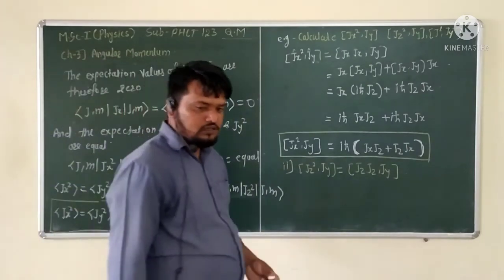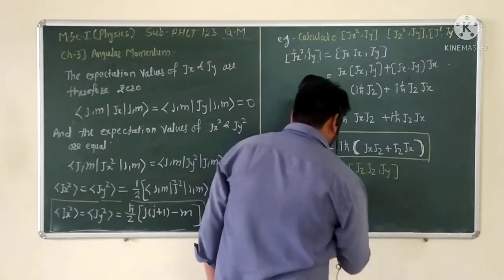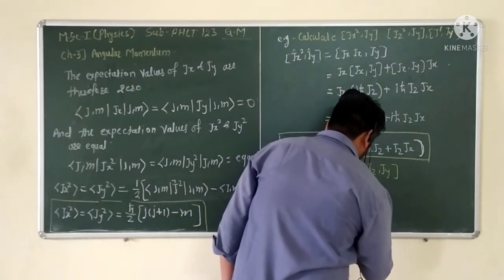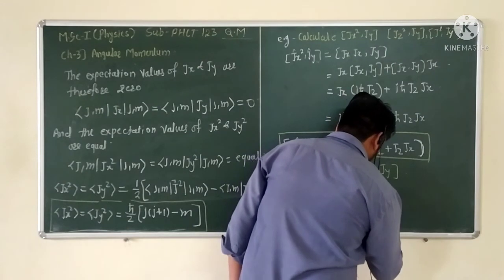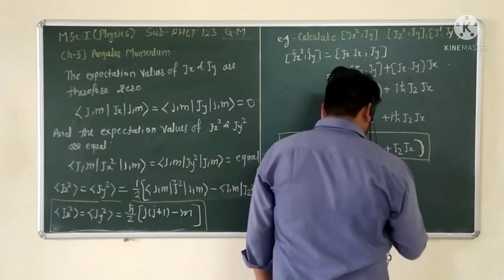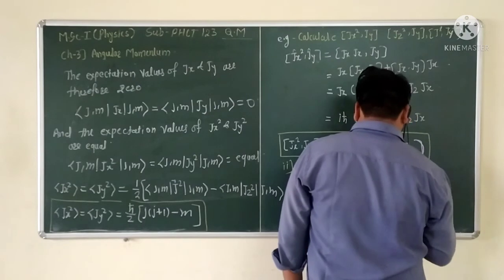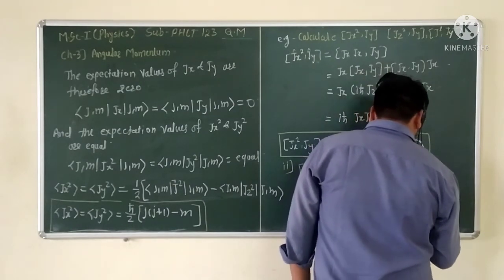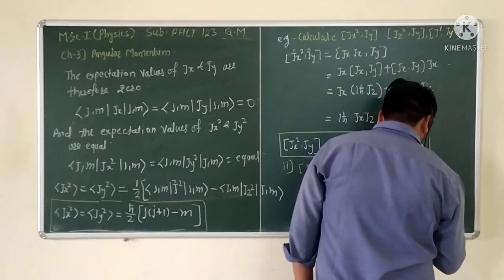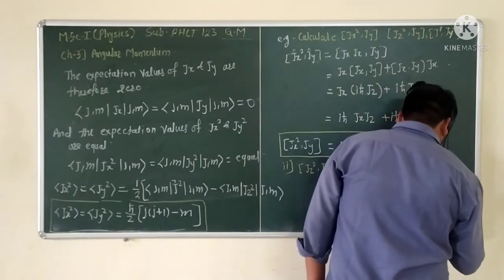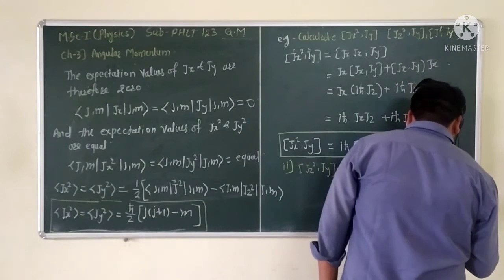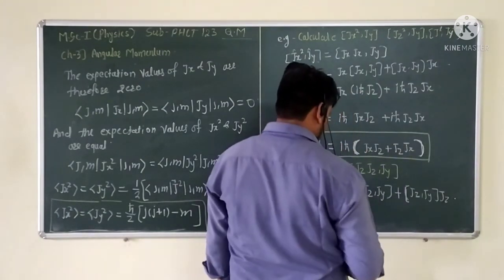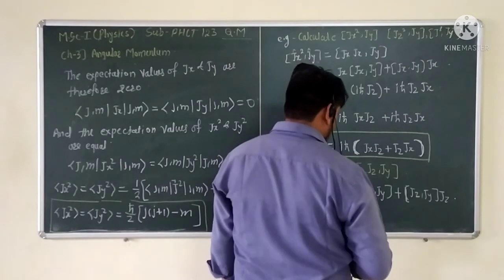If we solve this relation, Jz is taken outside, so Jz[Jz, Jy], plus [Jz, Jy] with Jz outside.